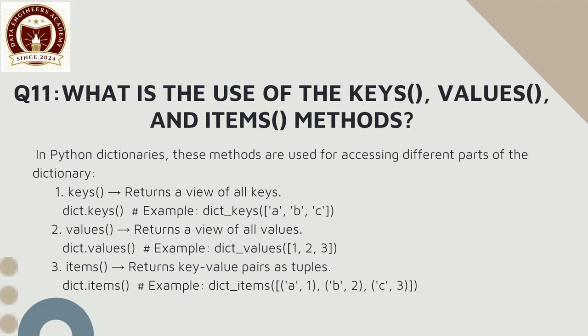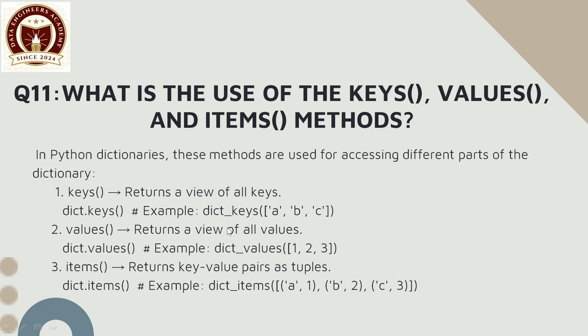Coming to the next question, what is the use of keys, values and items methods? In Python dictionaries, these methods are used for accessing different parts of the dictionary. Keys returns a view of all keys: if we execute dict.keys, we will get all the keys in the dictionary.